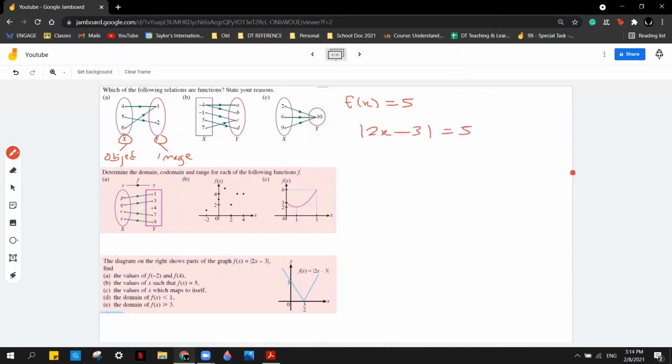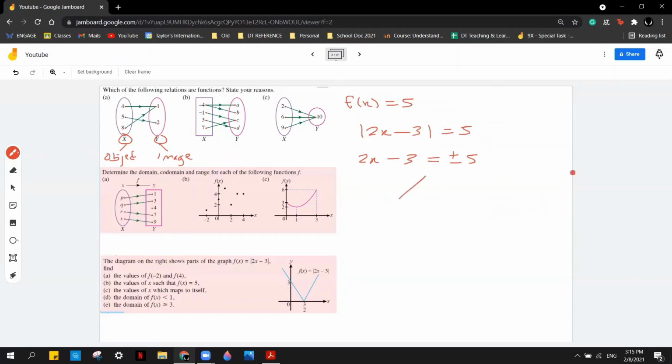So what happens if you dump the modulus to the right hand side? 2x minus 3 will become plus minus 5. Interesting, right? The modulus goes from the left to the right and makes whatever is on the right positive and negative. So it exists in 2 regions.